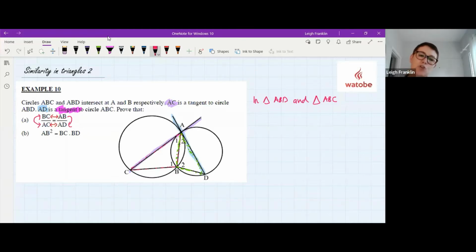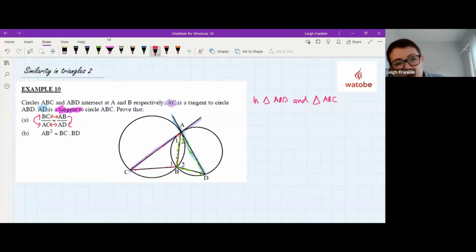All right, so now if I want to have a look at a line that is a chord, so in the smaller circle, AB is a chord. The tangent is AC.